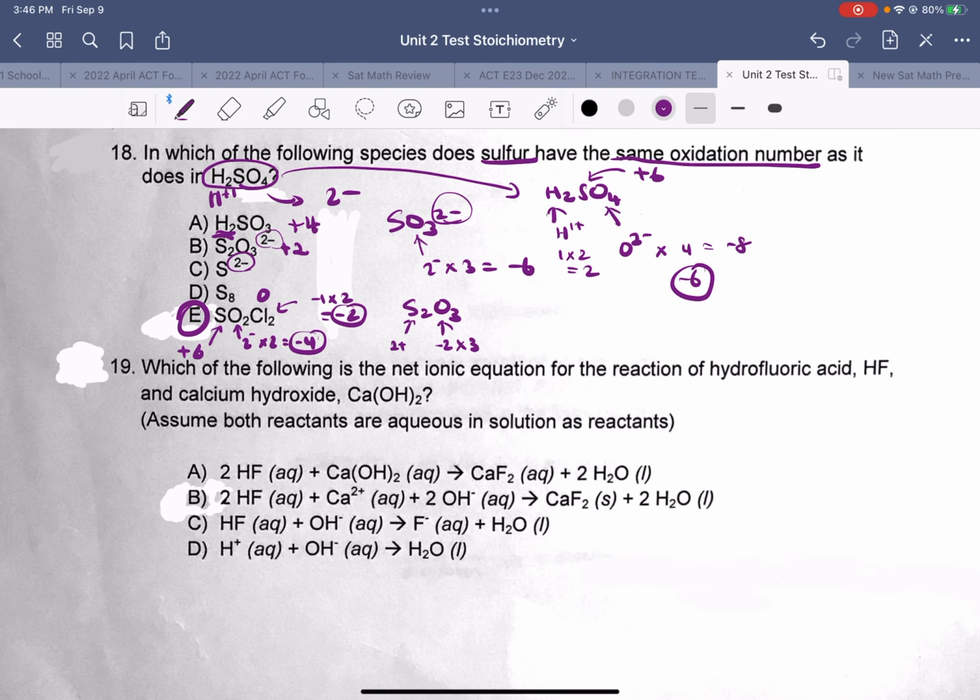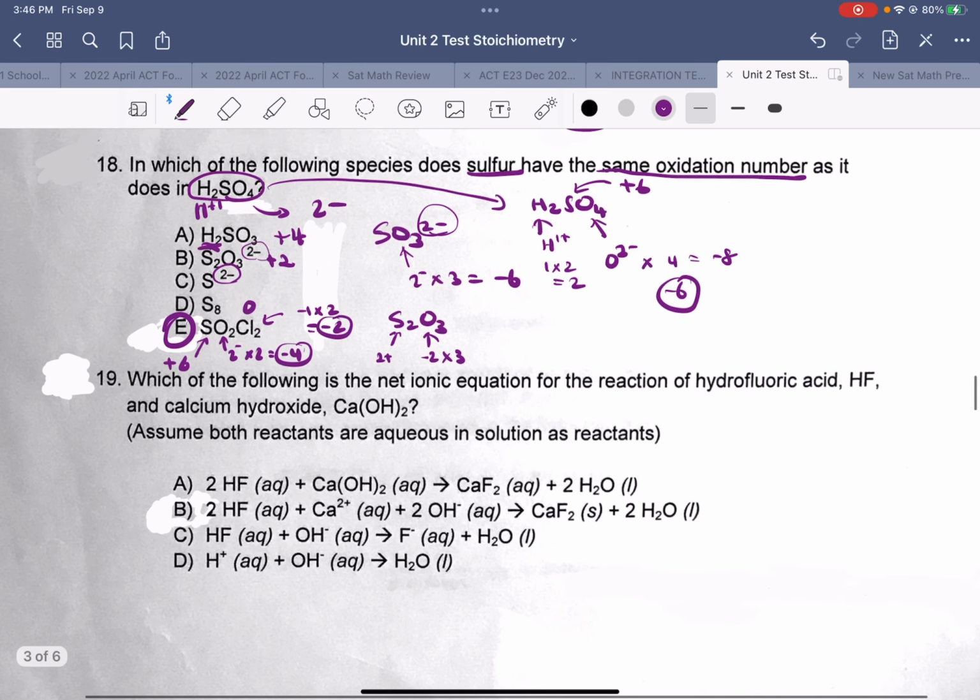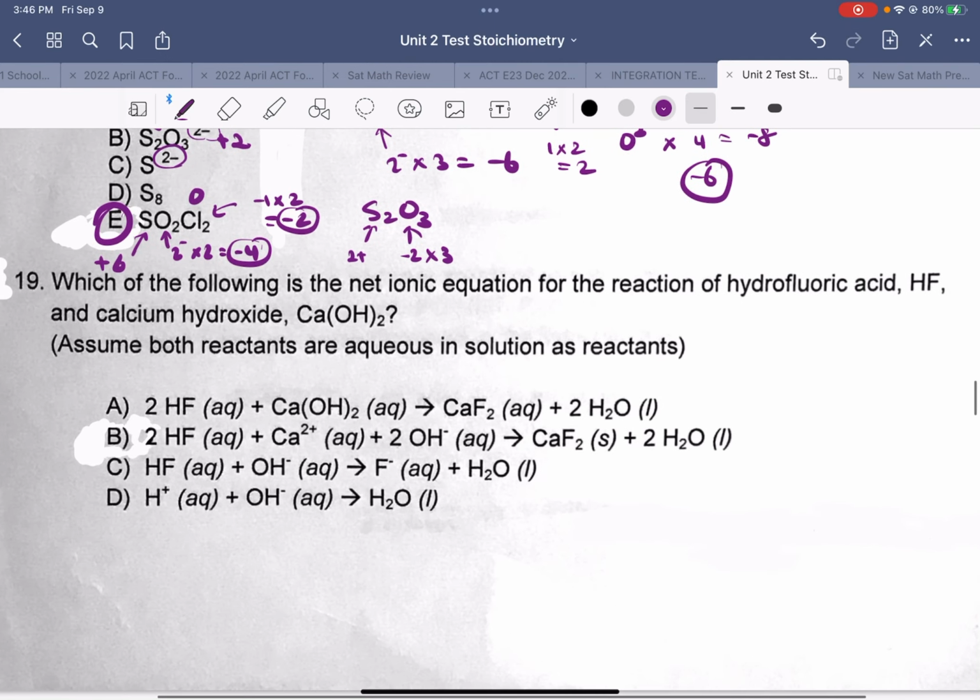Number 19. Okay, so that's the last one for this multiple choice video. Now, which of the following is the net ionic equation for the reaction of hydrofluoric acid HF and calcium hydroxide? Assume both reactants are aqueous in solution as reactants. Okay, so HF, right?